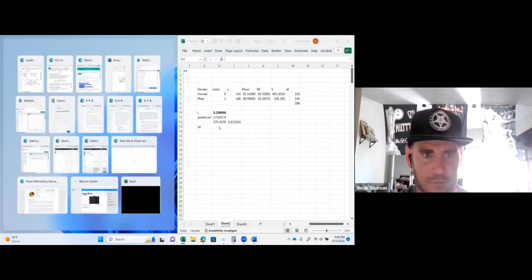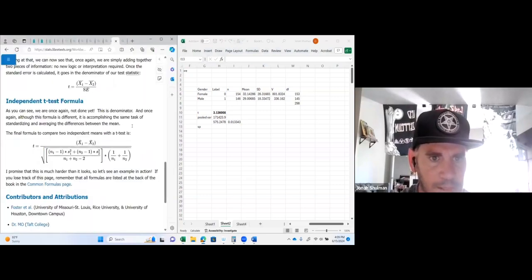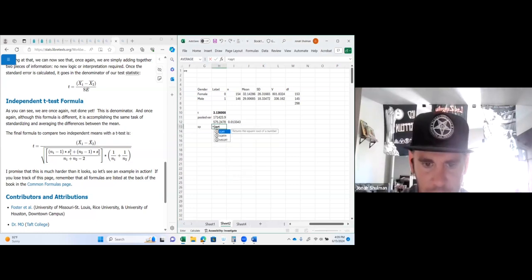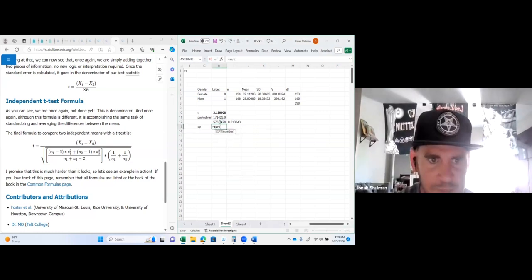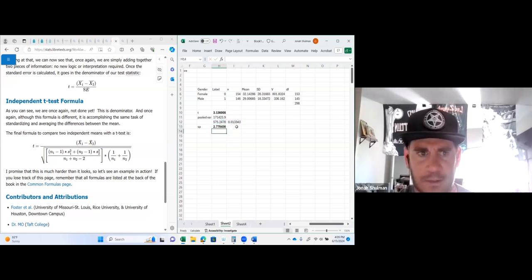Oh, we multiply it. So basically, our last step is we have to square root, which is just going to be this value times this value. So that's the denominator. Well, we did have our pooled variance, but we needed the denominator.